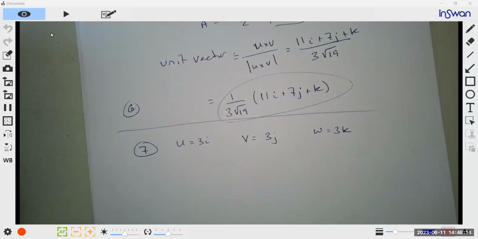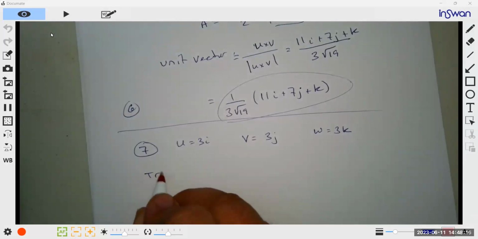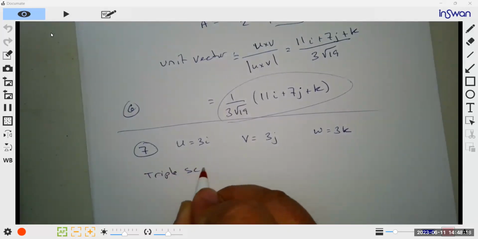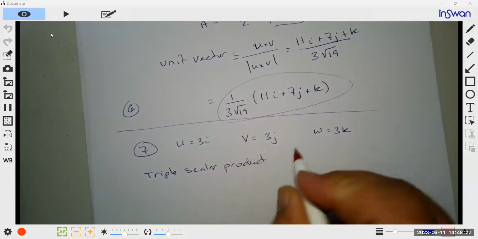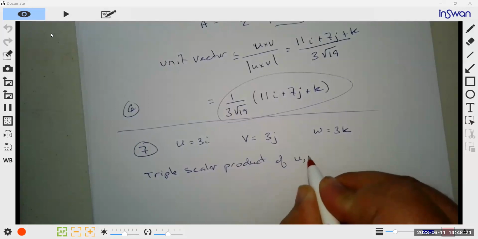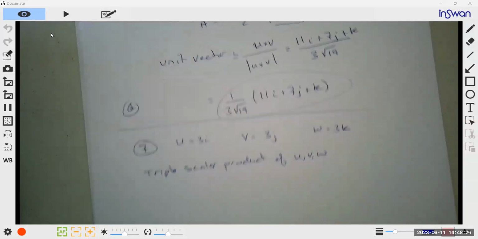This is called a triple scalar product of U, V, and W.